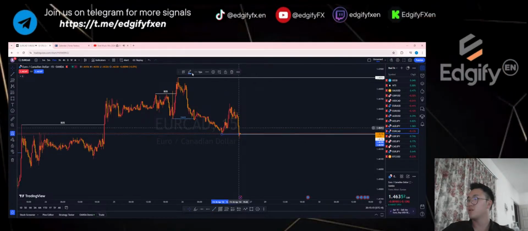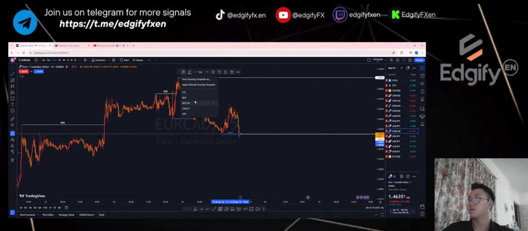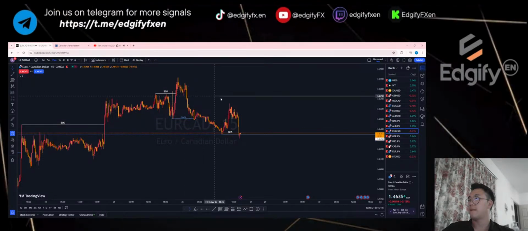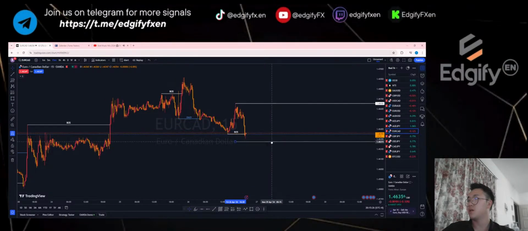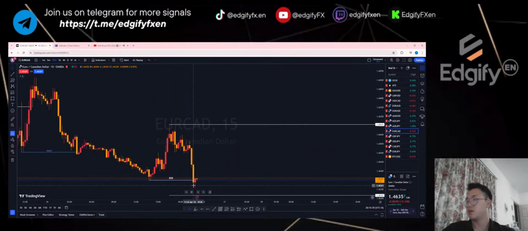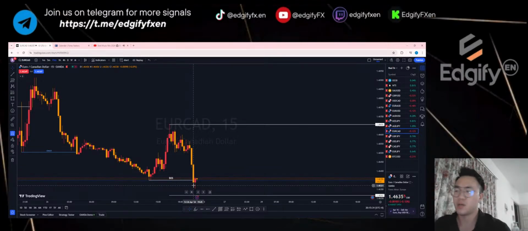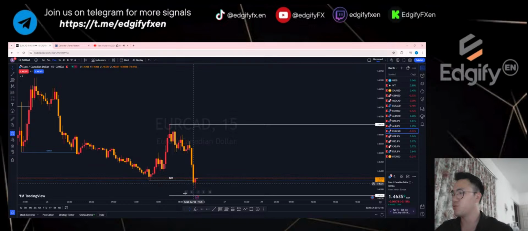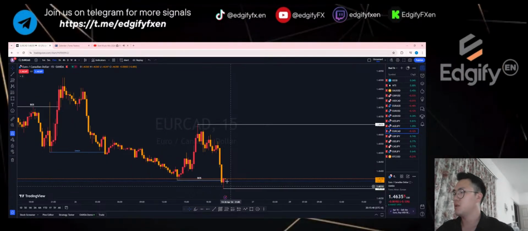So on Euro CAD on the 15, it's a downwards movement. We'll see. Because this one just happened to break about here, just like half an hour ago. At 7:45, it managed to break below. So I'm assuming this is my low at the moment.